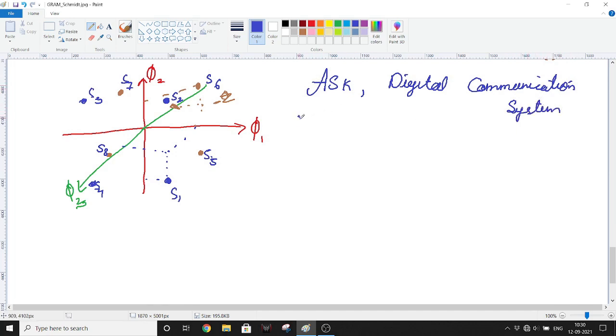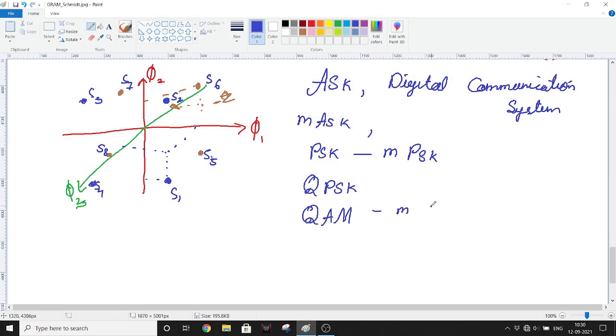Then we looked into ASK, M-ary ASK, and we looked into PSK, that is phase shift keying, along with M-ary PSK. Then we looked into QPSK, quadrature phase shift keying, then QAM, quadrature amplitude modulation, and M-ary QAMs.